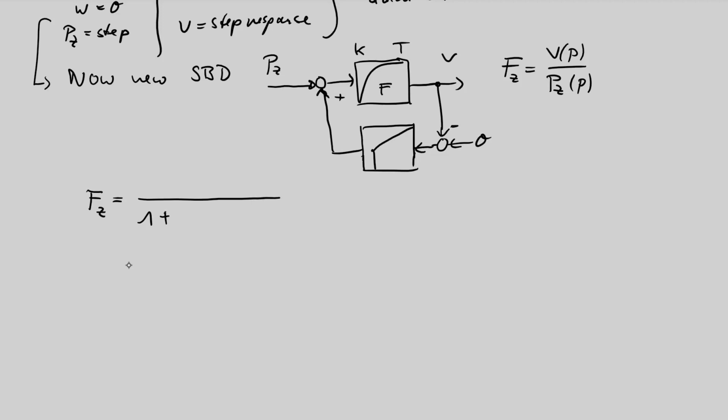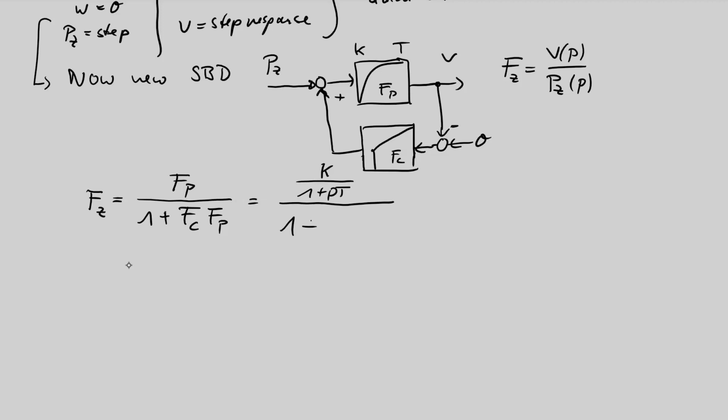This is again F process, F controller. Here we have again the same denominator, F process, F controller, but in the numerator now we have FP, the process transfer function, because this is the connection between our actual input to our actual output. Okay, so we replace now with our given single transfer functions. This is the process, K divided by 1 plus PT.